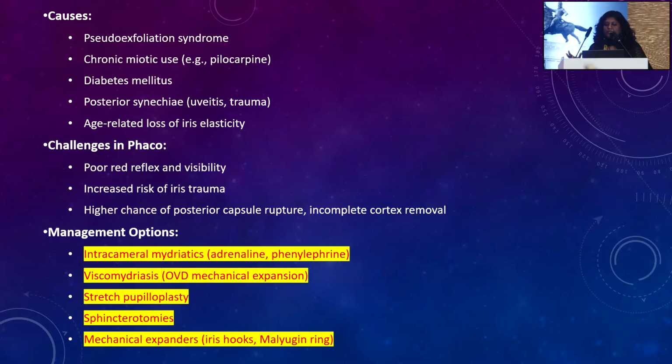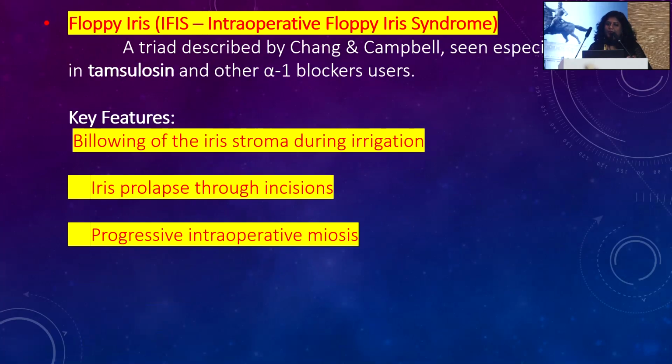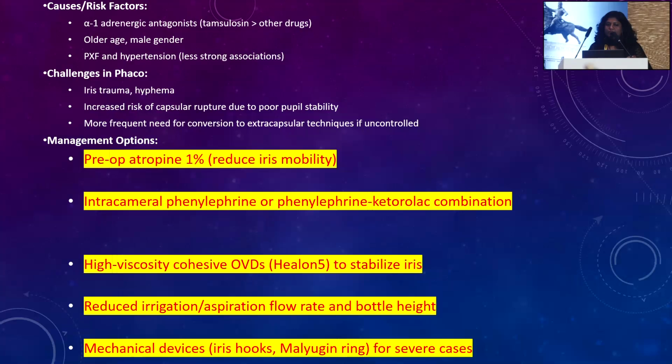Management in this part is that we can use intracameral mydriatics, viscomydriasis, stretch pupilloplasty, sphincterotomies, and mechanical expanders. Coming to the floppy iris, intraoperative floppy iris syndrome is especially seen with tamsulosin and other alpha blocker users. The key features of IFIS are billowing of the iris during irrigation itself, iris prolapse through the incision, and progressive intraoperative miosis.